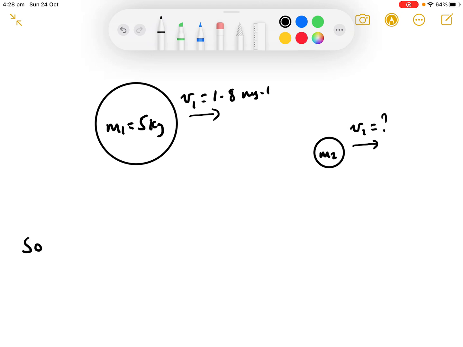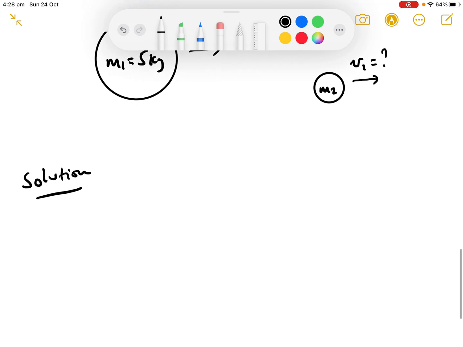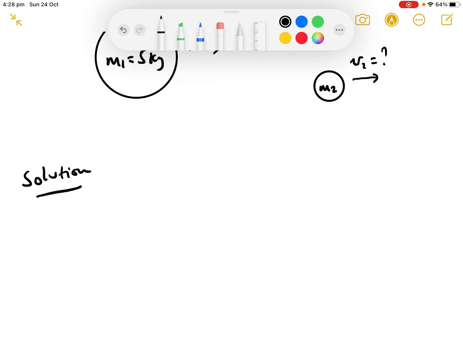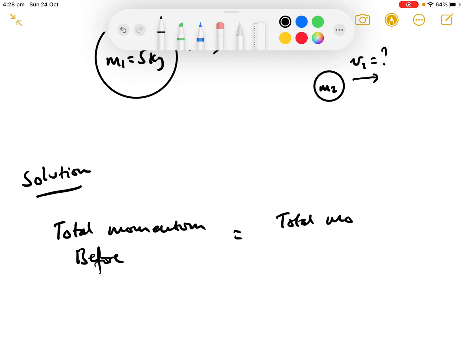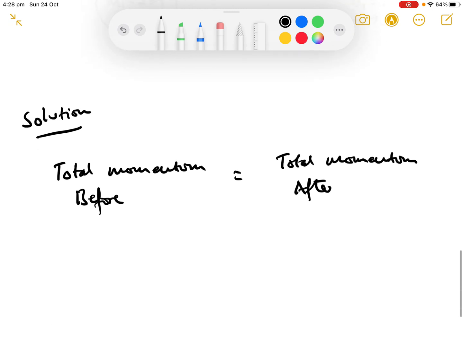So, solution. Always separate out your before and after situation. So we can always begin with the law of conservation of momentum. So the total momentum before the collision is always going to equal the total momentum after.